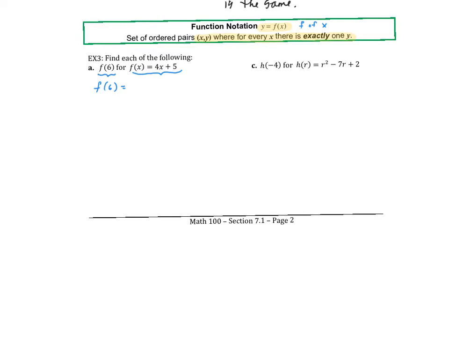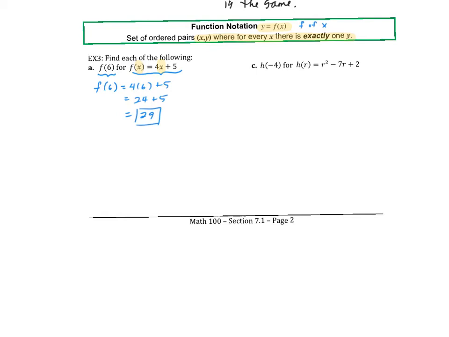It says wherever you see this x, you're going to replace it with 6. So it's going to be 4 times 6 plus 5. So 4 times 6, that's 24, plus 5 is 29. So just be careful of your order of operations. So we should have gotten 29.